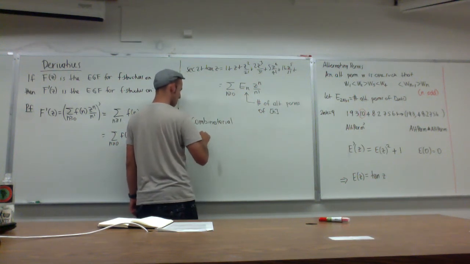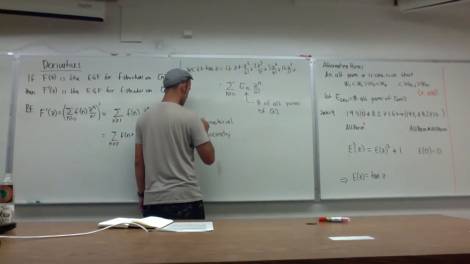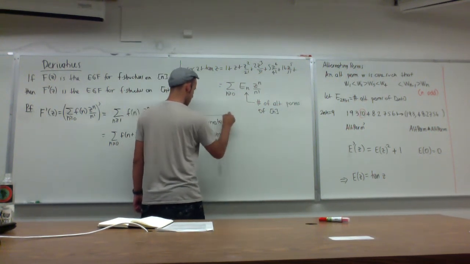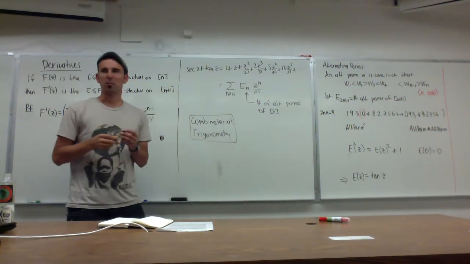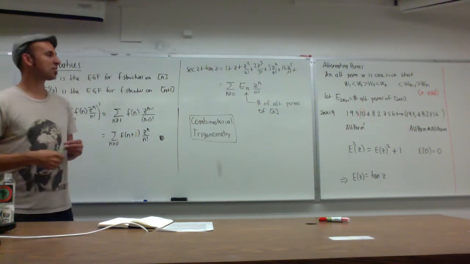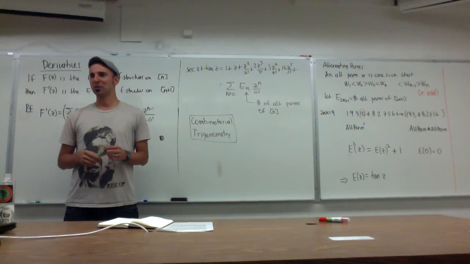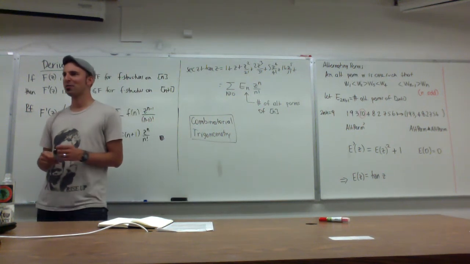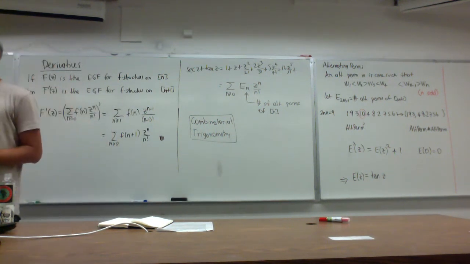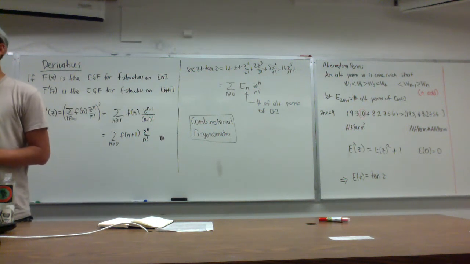What does that mean? Definition: tangent is the generating function for odd alternating permutations, and secant is the generating function for even alternating permutations. Those are the definitions according to a combinatorialist. And then you say, okay, well, this trigonometry is still true. So what should these things satisfy?